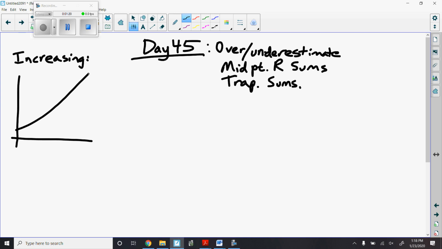Okay, so if we have an increasing function and we're doing a Riemann sum, let's say a left Riemann sum, it's very obvious here that I'm going to have an underestimate. So left Riemann sums will give us an underestimate when the function is increasing.